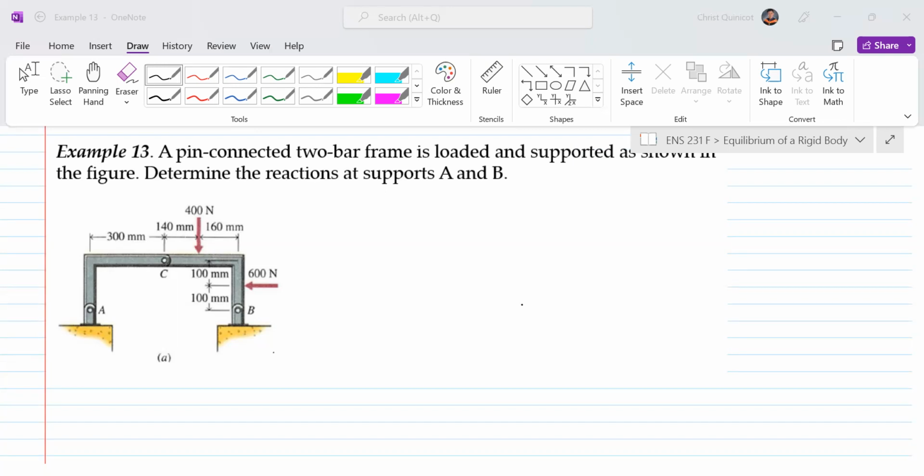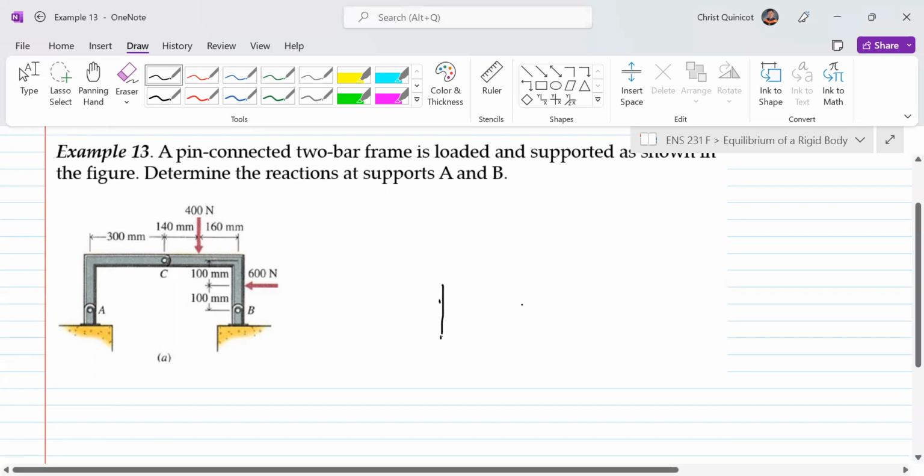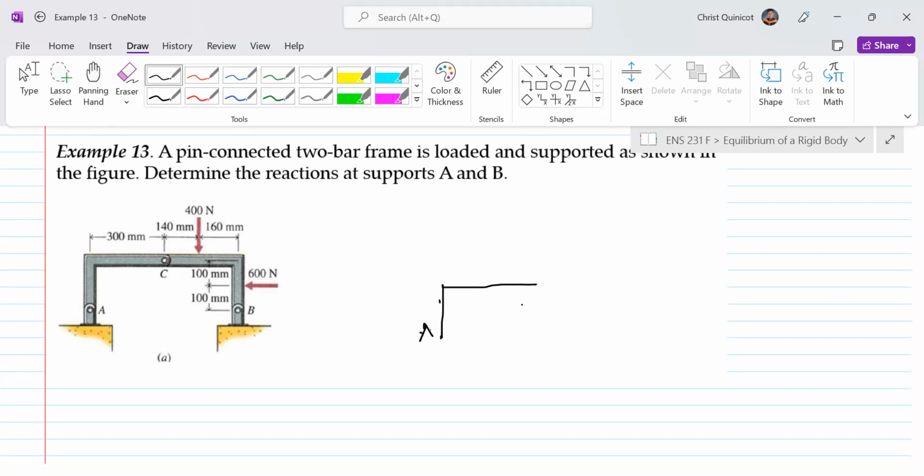Based on that, if we are to redraw our AC member, this is our A, this is our C, and let us say we assume that the y component at A is going up, so that's A sub y, and the x component at A is going to the right, so this is A sub x.